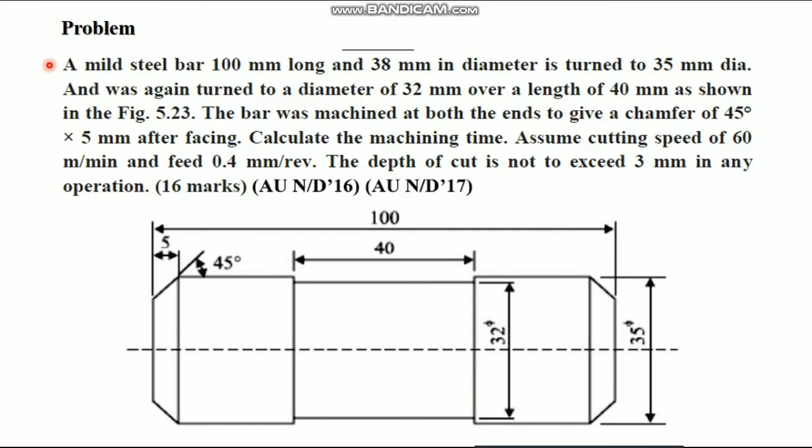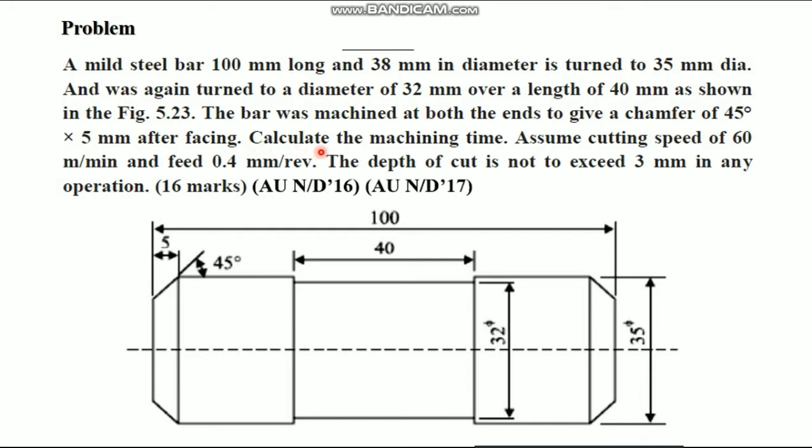We can see a problem. A mild steel bar 100 mm long and 38 mm in diameter is turned to 35 mm diameter and was again turned to a diameter of 32 mm over a length of 40 mm, shown in figure. So everything is given in the diagram. The bar was machined at both the ends to give a chamfer of 45 degree into 5 mm after facing.